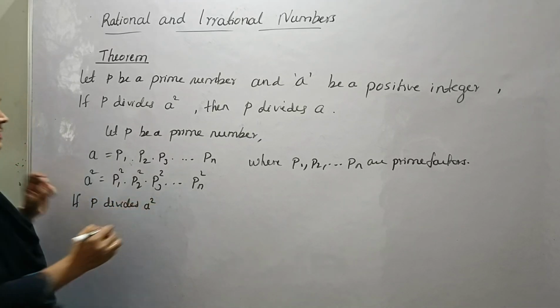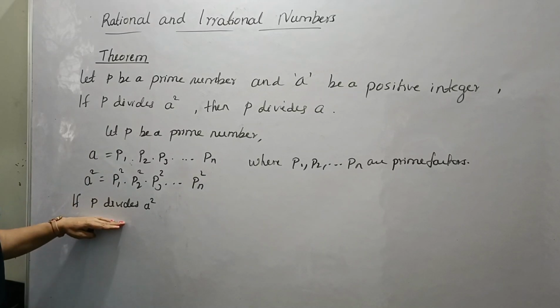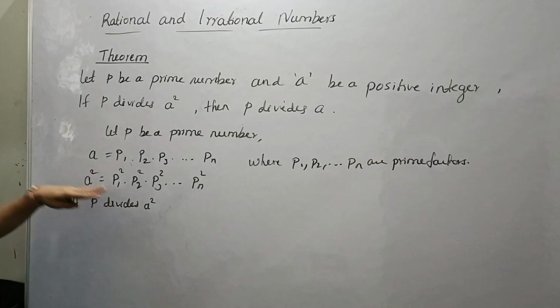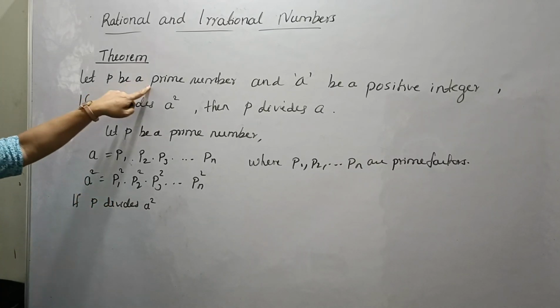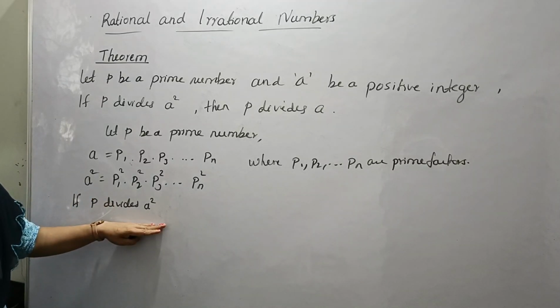It is given that p divides a square. What does it mean? That is, p is a factor of a square. And it is given that p is a prime number, so p is a prime factor of a square. Right?